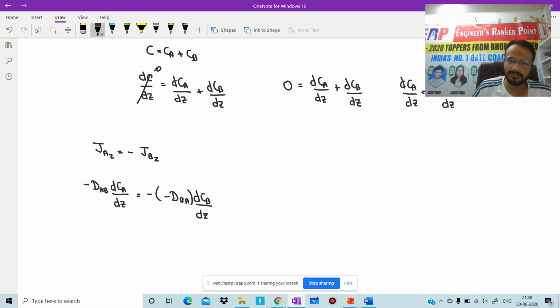Minus minus plus, then you will get minus of DAB dCA by dZ is equal to minus minus plus DBA dCB by dZ. Is it clear?